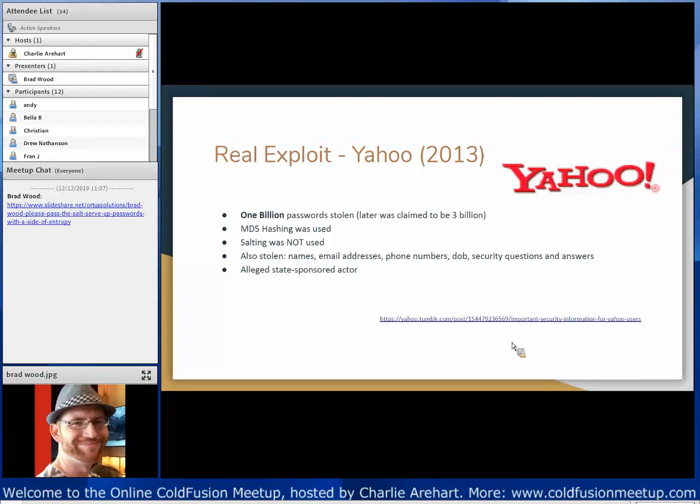MD5 is very common, it's very old, and it's also very fast. And you might think fast is good, right? No, wrong. Fast is actually bad in this case because fast means it's easier for hackers to generate millions and millions of potential hashes until they find the right one. In this case, salting, again, pardon me, was not used.